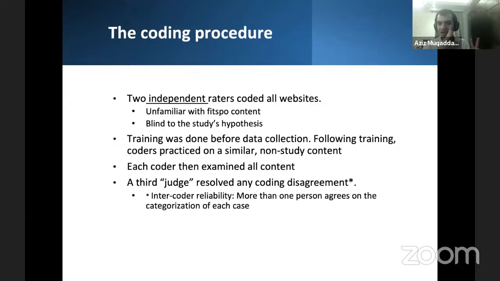The idea is to establish intercoder reliability, where more than two people agree on how to categorize the content. So for the full 510, at least two individuals have to agree that it belongs to whatever code it was given. The third judge went over all 510 images for all the variables and resolved those differences, if they exist.